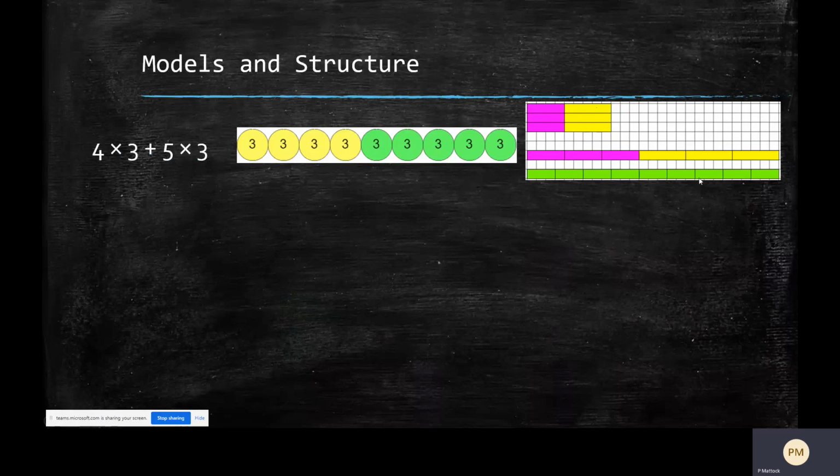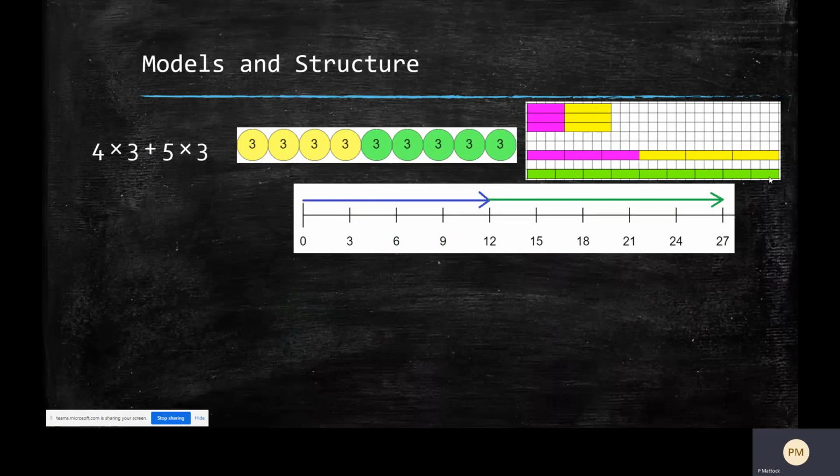Or if I wanted to look purely at length, I could say, right, well, here's 3 4s and here's 3 5s. But that's the same as 4 3s and 5 3s. And that's a total length of 9 threes. So this has a total length that's the same as 9 threes. And I could do that on a number line.